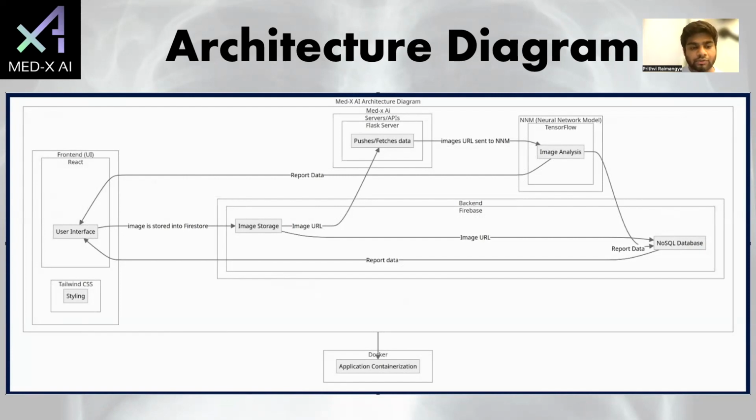The patient, the user, would be looking at the UI from the front end part, where they upload the report data, and further it goes to image analysis through our Flask server, going into a neural network model, which will then get a result from that X-ray and will pass it to Firebase. Then our application would receive the same data from Firebase and provide it back to the patient or the user.